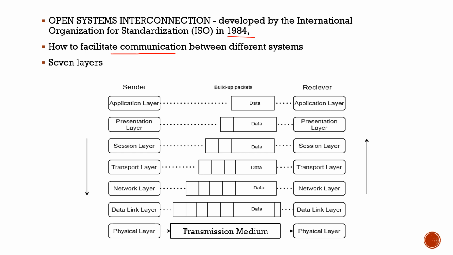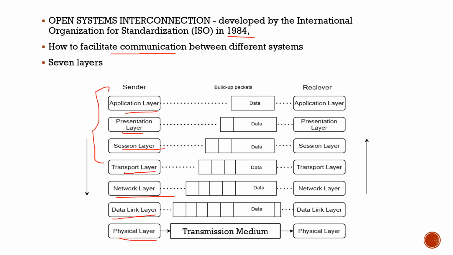In the OSI model, we have 7 layers, whereas in the TCP/IP protocol, we have 5 layers. The 7 layers are: application layer, presentation layer, session layer, transport layer, network layer, data link layer, and physical layer. These are the 7 layers. But in the TCP/IP protocol, these 3 layers are combined together and form the application layer.